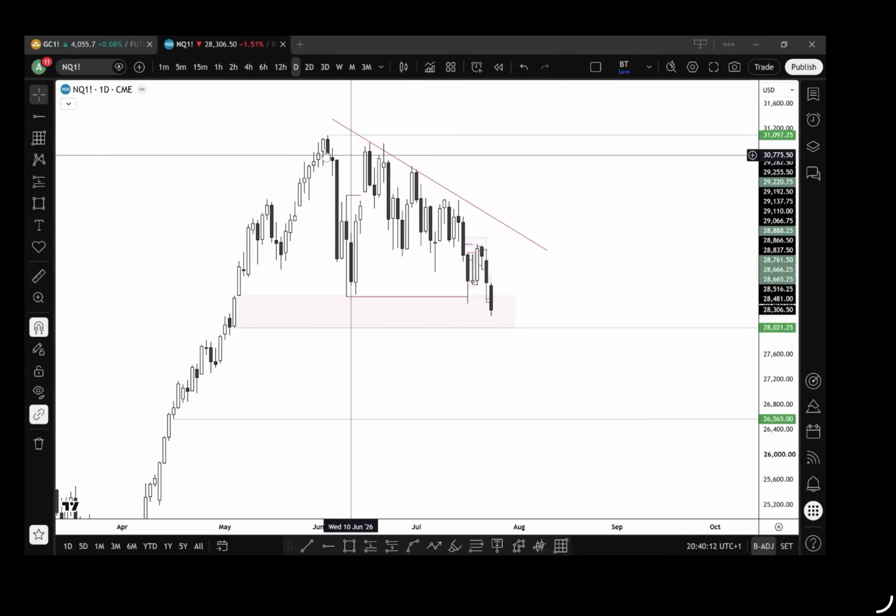That's pretty much NQ. So if we were to mark up our higher time frame on NQ, I would have this level here, 26565. We induced buyers and then trapped them.